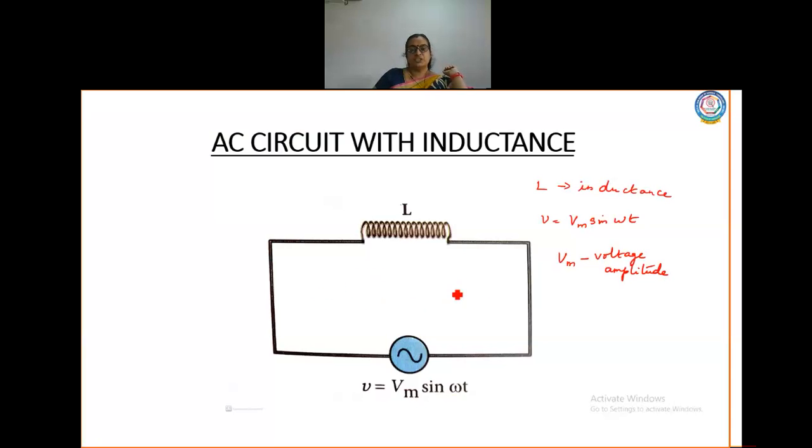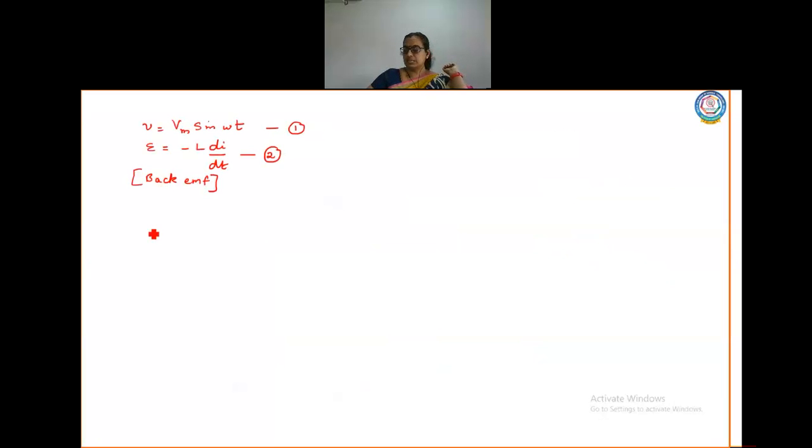It is the difference in the voltages, V minus the back EMF epsilon, which is written as V plus epsilon equal to 0.